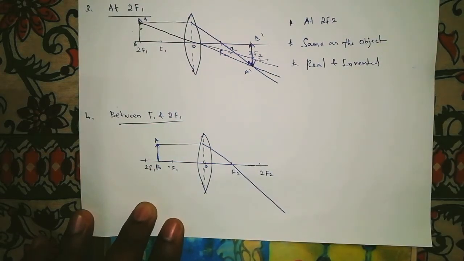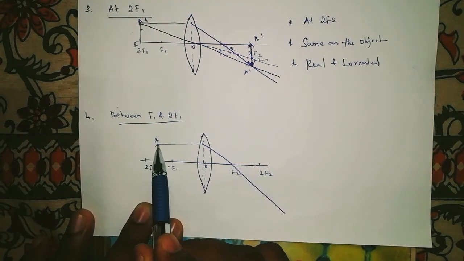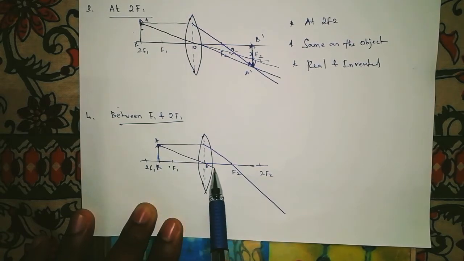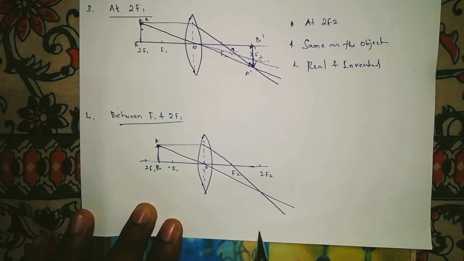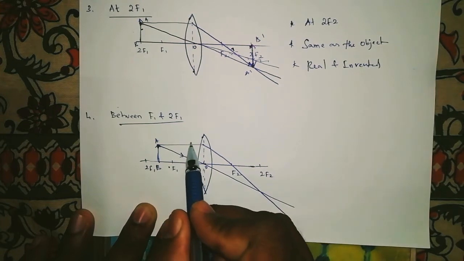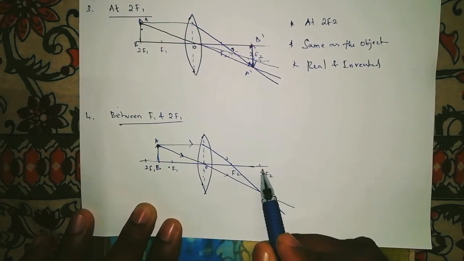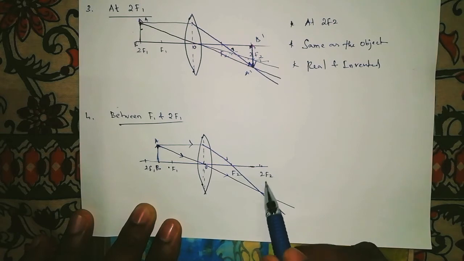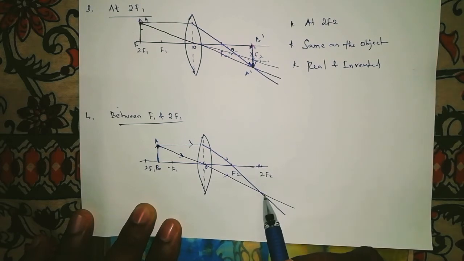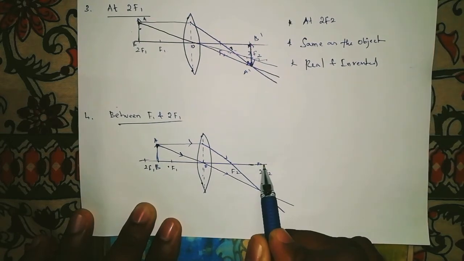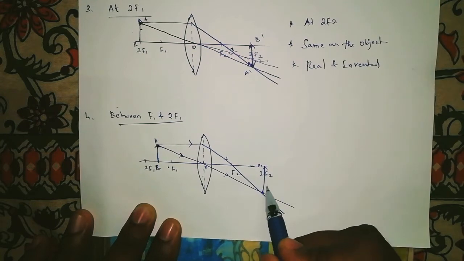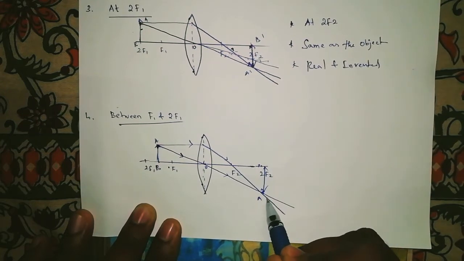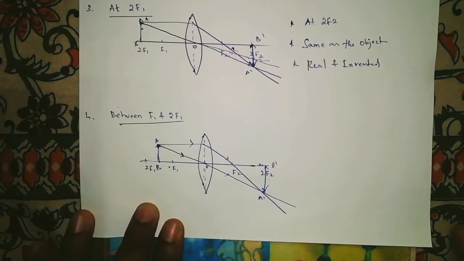And the second thing is the ray towards the optic center. When it comes at the optic center, it goes like this. So here it comes not actually at F2, it's beyond that F2 it comes here. So I can say that A dash B dash is the image.